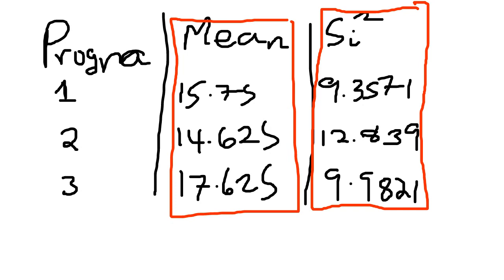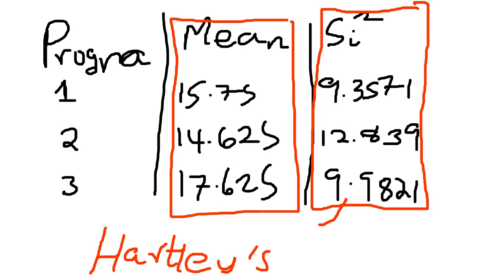So we're going to use what? To check the equality of variances, we're going to use Hartley's test. We are going to perform Hartley's test. It's possible that I can ask you to check if the variances are the same or not using Hartley's test.